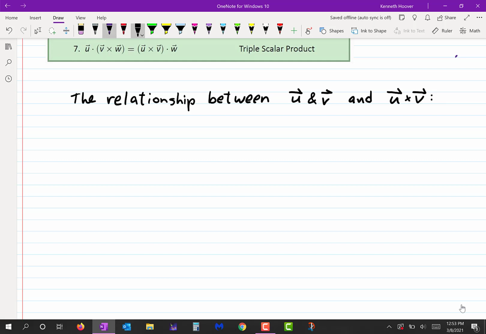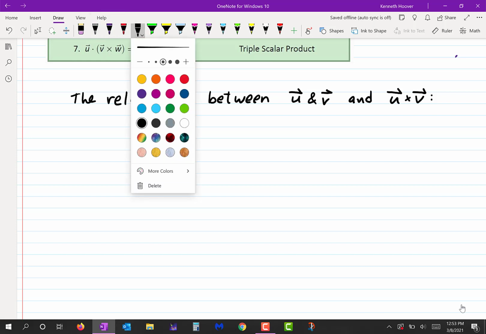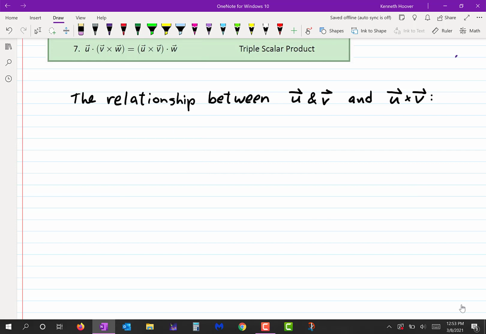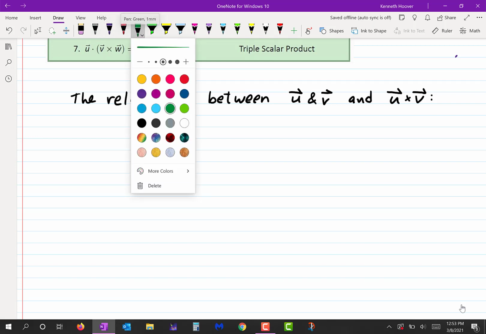Okay, let's draw a couple of vectors here. Let's draw vector u as a, how about a green vector? Now remember, this is in three-dimensional space, not two. Maybe even I should put, let's pause for a minute here and let me put some axes here.